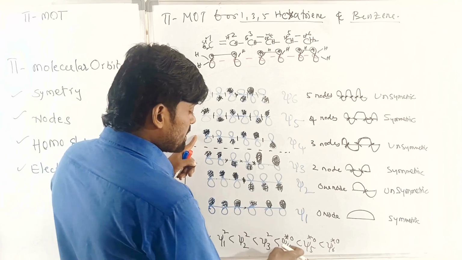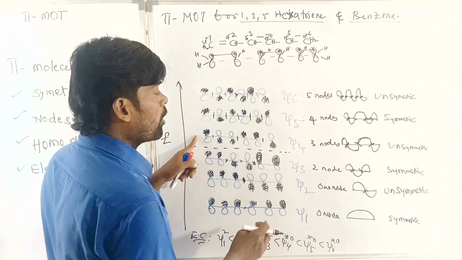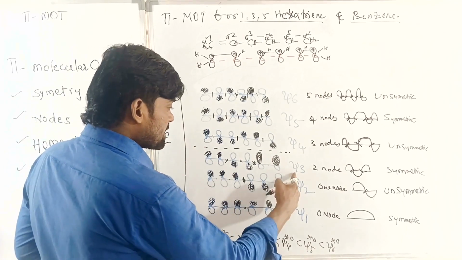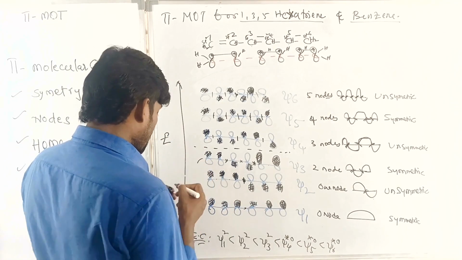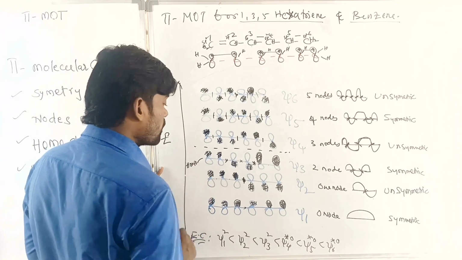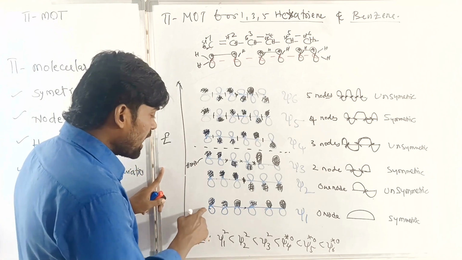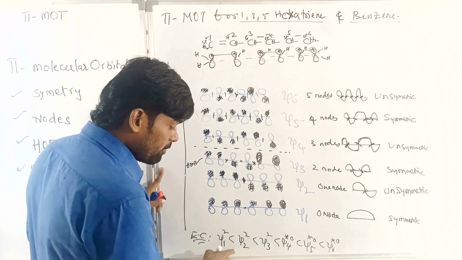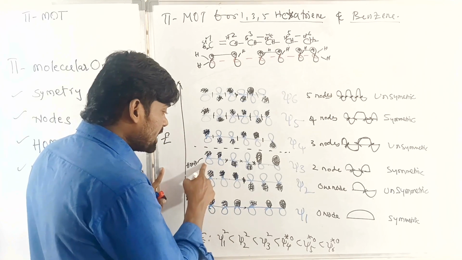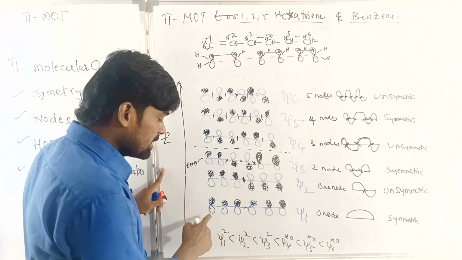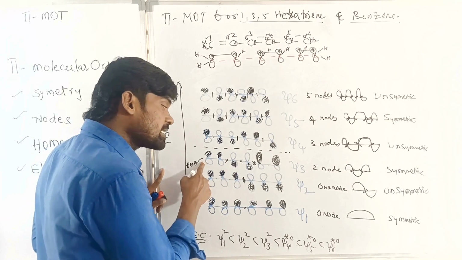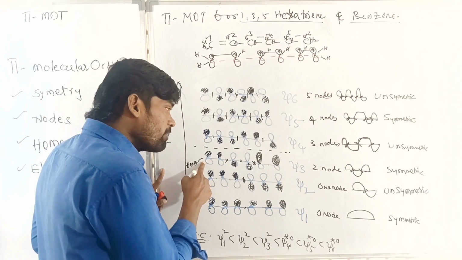Psi 4, psi 5 and psi 6 have no electrons. So I am giving psi 3 as HOMO. Here 3 orbitals are occupied with electrons. Among these 3 orbitals, psi 3 is the highest occupied energy. This is the lowest occupied energy, this is the next level, and this is the highest energy occupied with electrons.